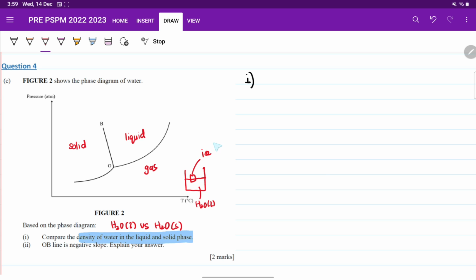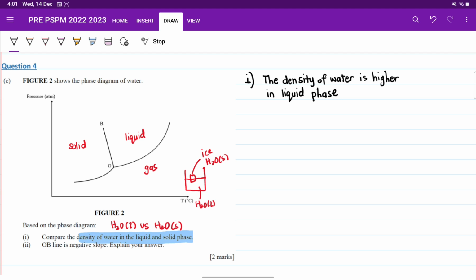So, ais dekat sini, okay, ais adalah H2O solid. Okay. So, as you can see over here, ais terapung di dalam water liquid, H2O liquid. Jadi, kalau dia terapung, maksudnya apa? Ketumpatan ataupun the density of ice is less than water. So, itu adalah jawapan awak untuk soalan C1. Yang mana kita boleh tulis, the density of water is higher in liquid phase. Okay, so that's for question C1.